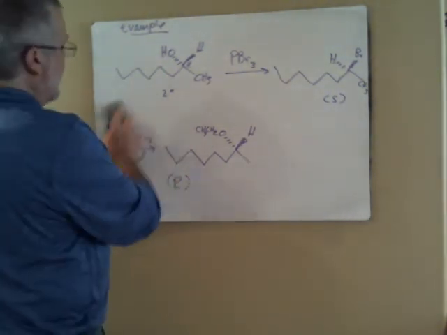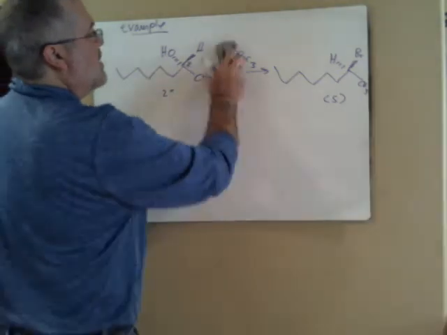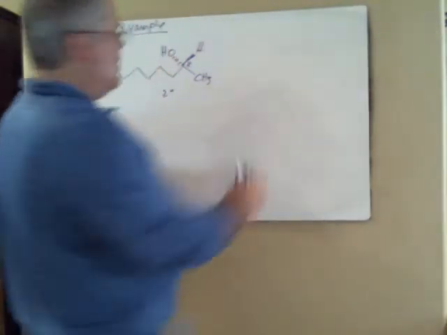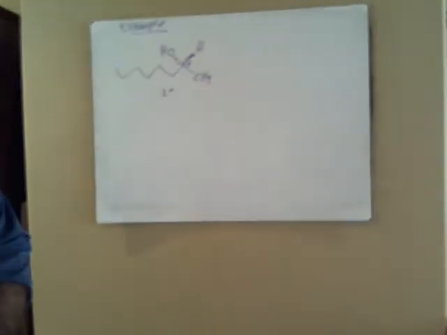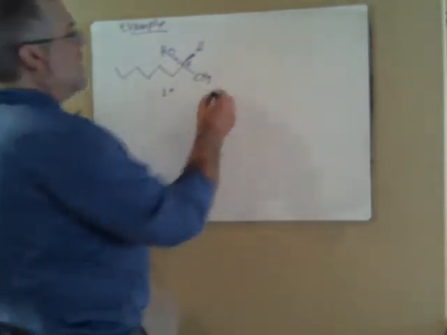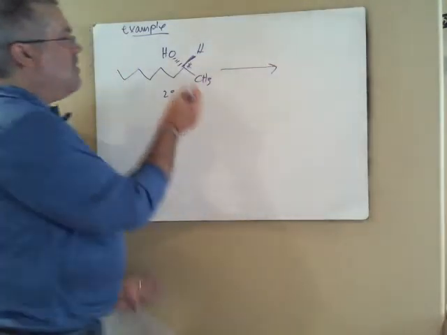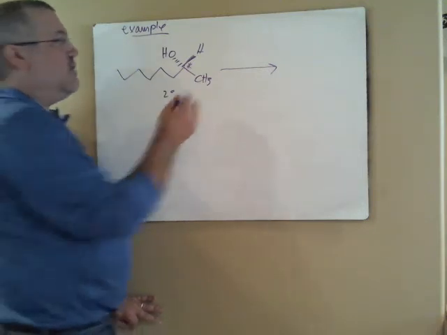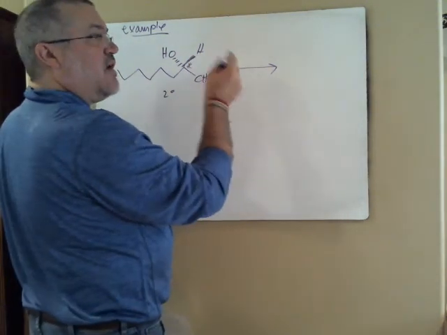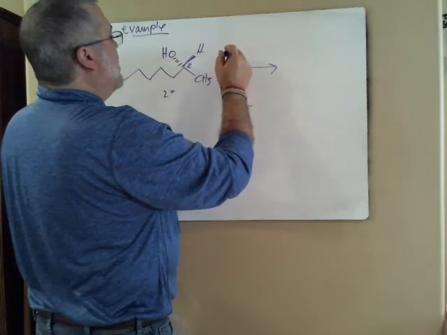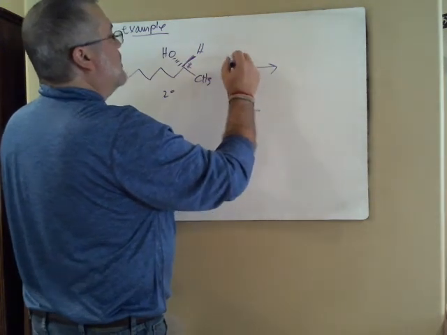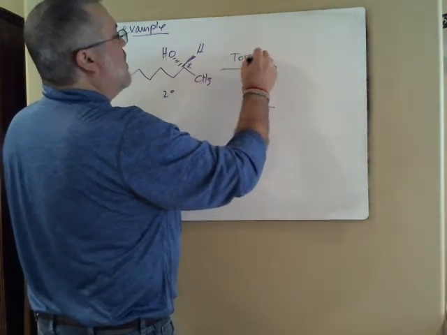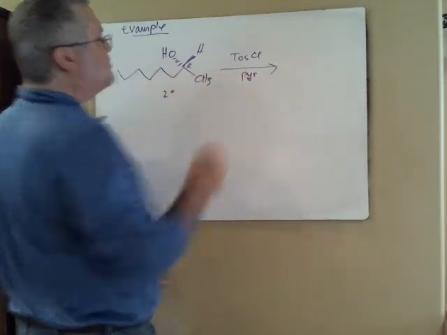And so to do that, starting with the same alcohol, secondary in the R configuration, now I can convert it to a better leaving group, but not using an SN2 type reaction. I'm going to use an O to H type reaction where I have used the tosyl chloride and pyridine.